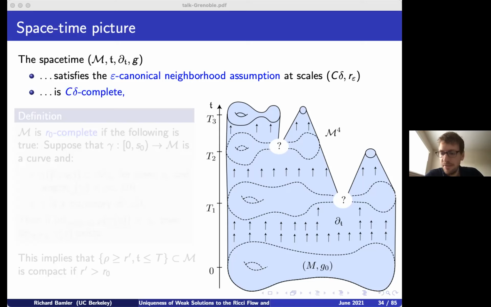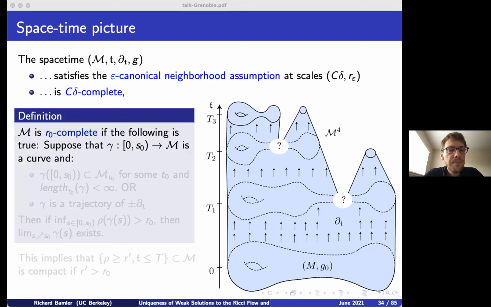So what does that mean? I call a flow R not complete if the following is true. Maybe I should say briefly, C delta complete basically means we have holes of size no bigger than delta or some C delta in this flow. So how do I make this concrete? I call a Ricci flow spacetime R not complete if the following is true.